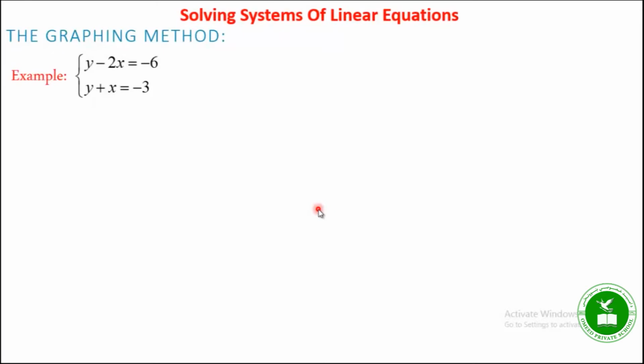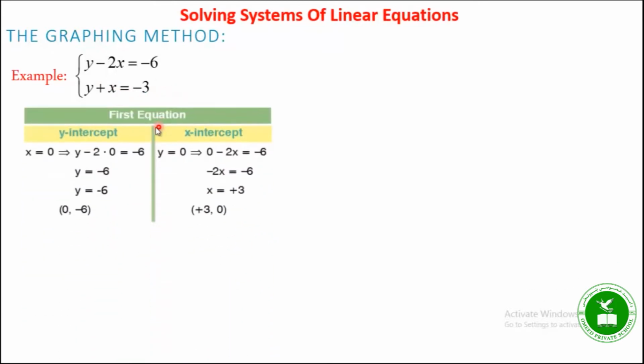We have an example: y minus 2x is equal to minus 6 and y plus x is equal to minus 3. We are going to find the solution of this system of linear equations with the help of the graphing method. For the first equation we are going to find the y-intercept. To find the y-intercept, x should be equal to 0.